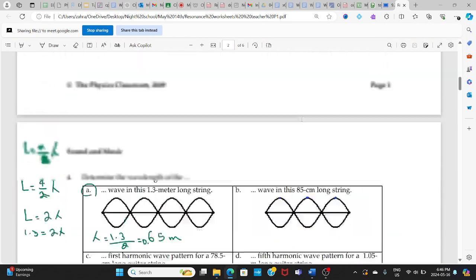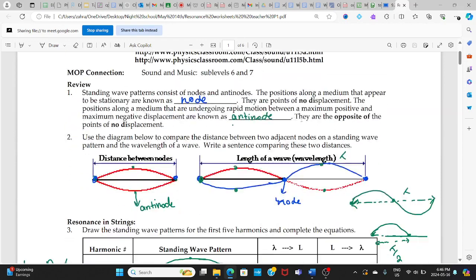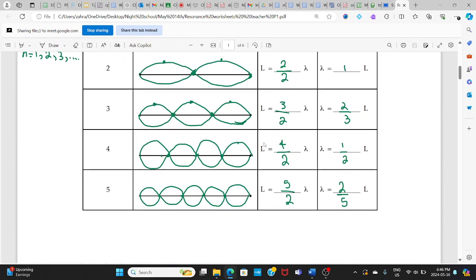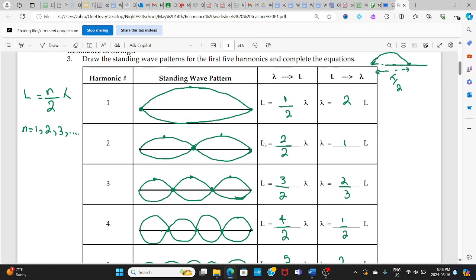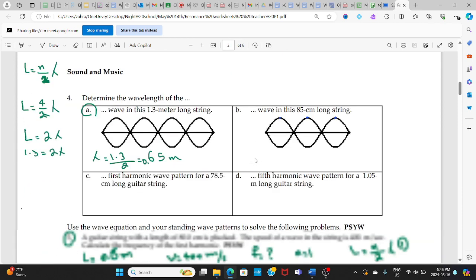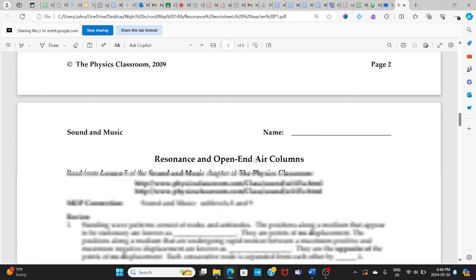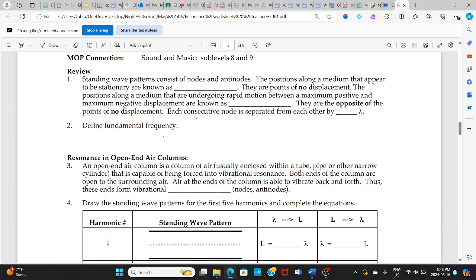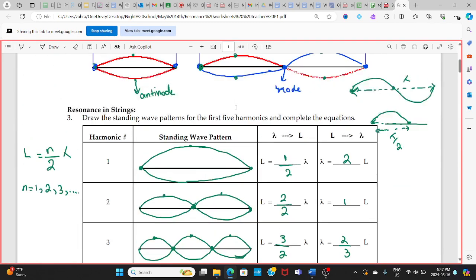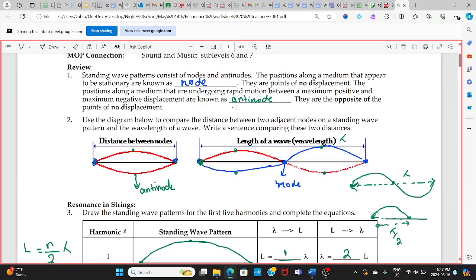We did this worksheet, right? We did go through the harmonics. When you have a string, there is a closed end, two nodes happening at the ends, and so on. We did some questions. So this is what we worked on last time, right?